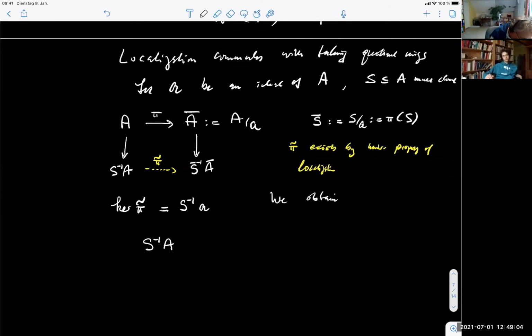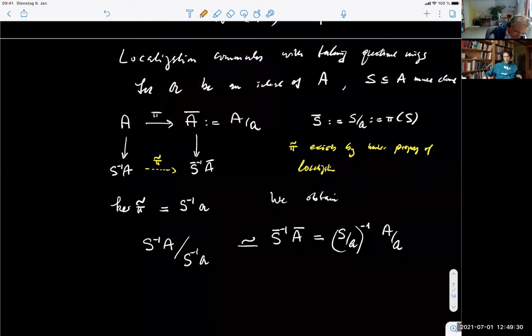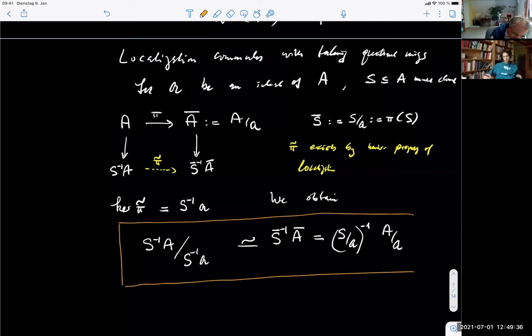So I have this divided by this ideal, but this is actually canonically isomorphic to that. Okay, and I can write this. It's a bit ugly, but I can still write it. It looks ugly, but that's what it is. Okay, so this shows that taking localization and taking ring quotients, they commute. It doesn't matter in which order you do it. Nothing can go wrong in principle, right?